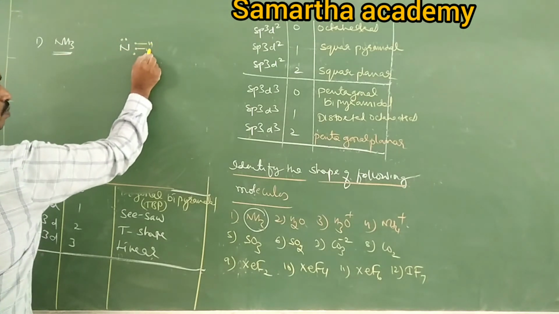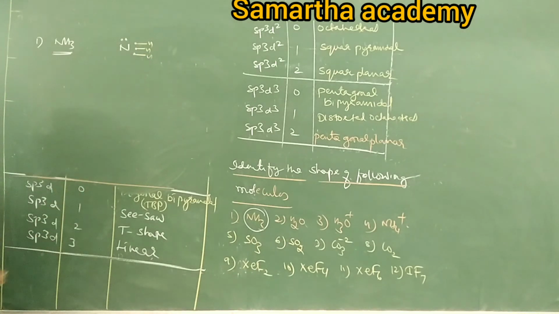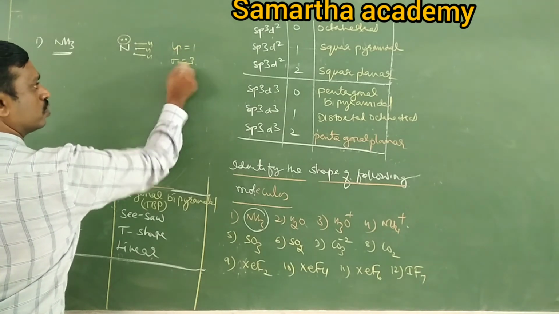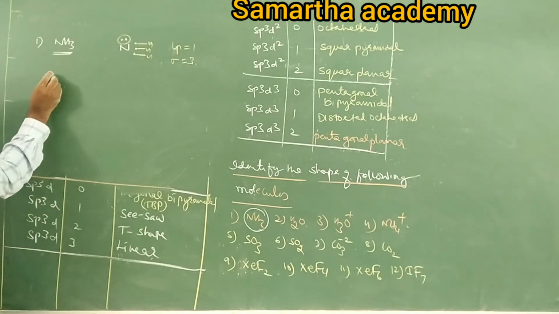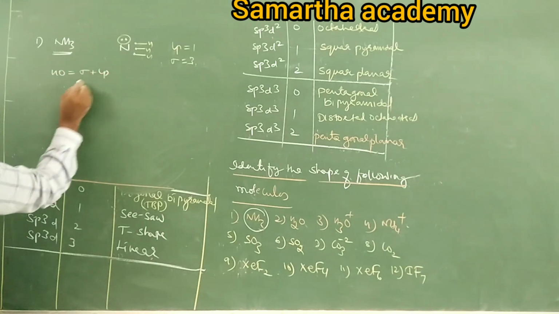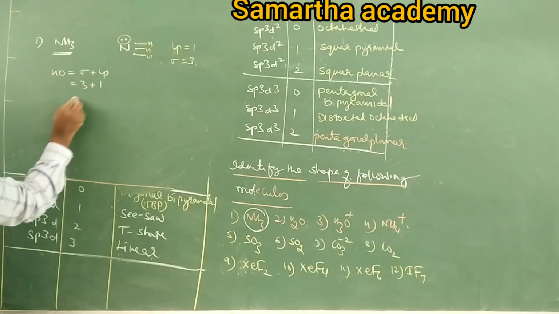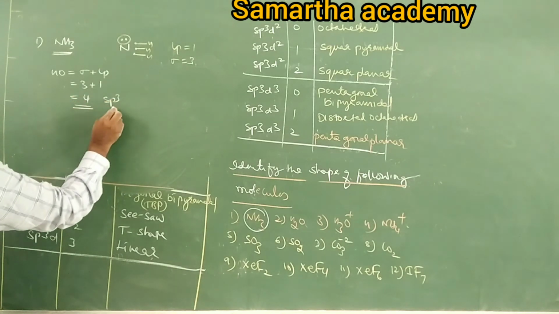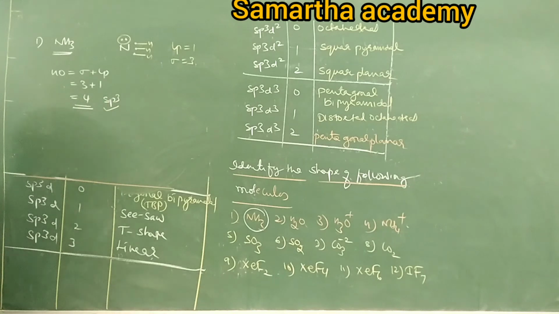Each hydrogen is monovalent, it can form 3 bonds. Still, how many lone pairs are there? 1 lone pair. So lone pair equals 1, sigma bonds equal 3. Number of hybrid orbitals equals sigma plus lone pair, 3 plus 1 equals 4. Therefore it is sp3. Till here we have already studied.